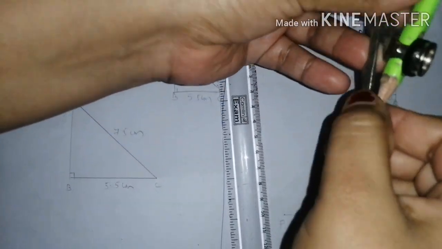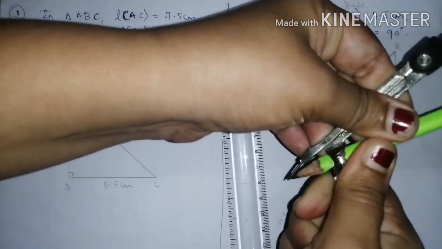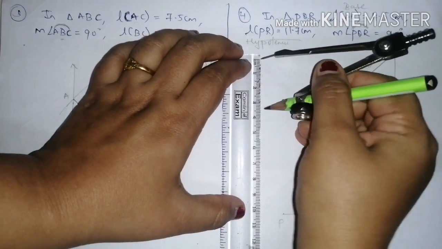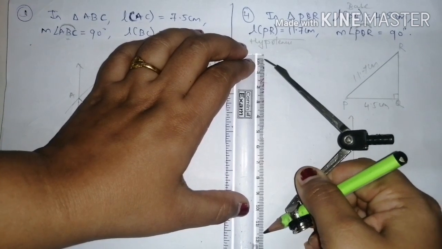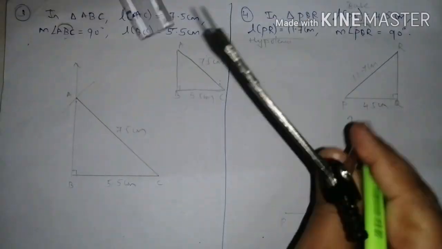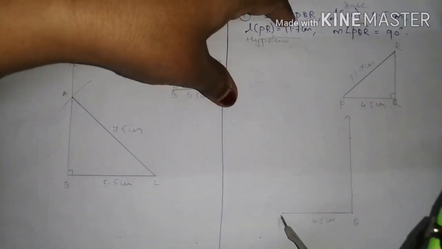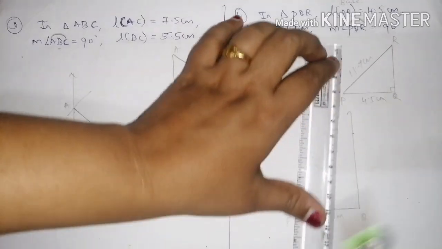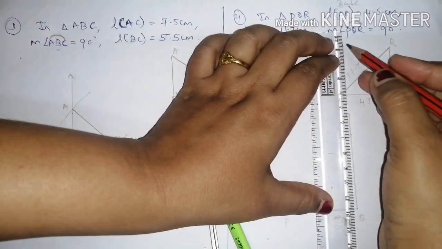Take properly 11.7 in your compass. See here, 11.5 two lines. This is 11.7. You have to place it on P. As this is not getting cancelled, you can extend this ray.